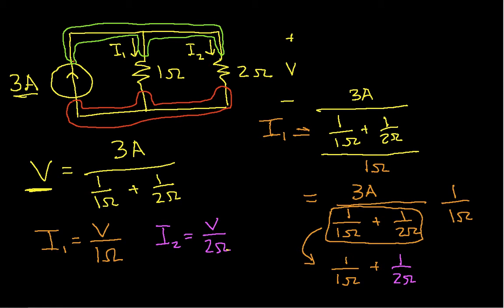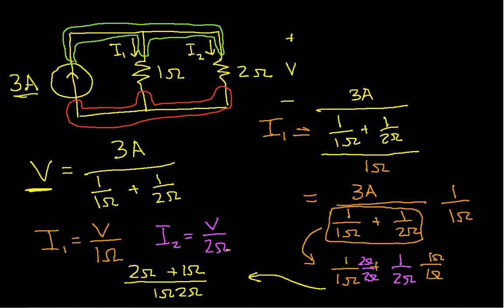What I want to do then is multiply top and bottom of the 1 over 1 ohm by 2 ohms, and multiply top and bottom of the 1 over 2 ohms by 1 ohm. When I work this out, I get 2 ohms plus 1 ohm over 1 ohm times 2 ohms. Basically, that's what this looks like.